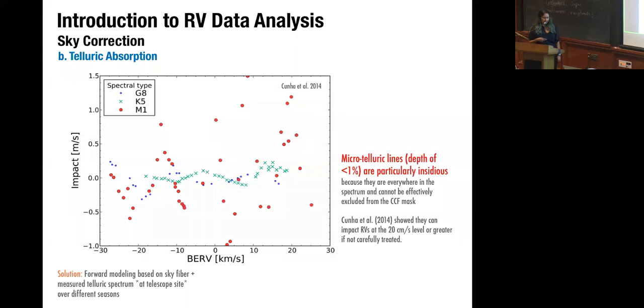So the solution here, again, is to use your sky fiber, but to use it very judiciously. You use your sky fiber to figure out the strengths of different species in the atmosphere at a given time. Then you take either a model spectrum or a spectrum at that site that you've taken really carefully with a long exposure time, and you scale it and try to forward model it out of your spectrum.